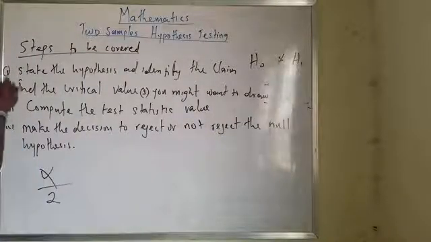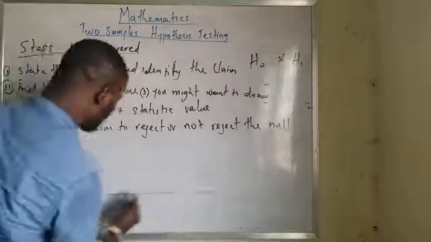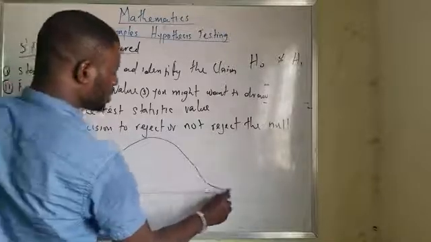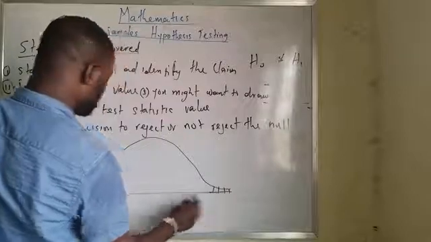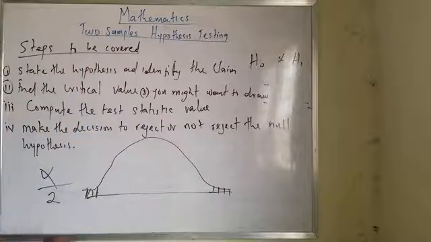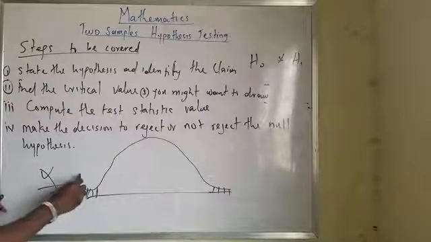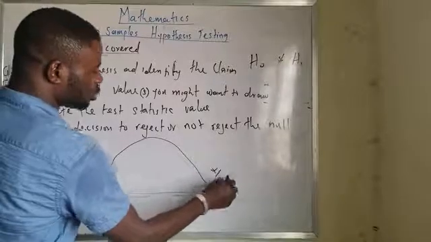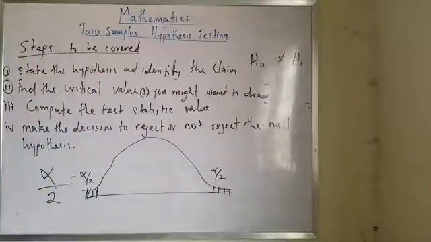Now I'm trying to explain this area. This is how it always is. This is minus alpha over 2, and this is alpha over 2, and I will explain with an example now.